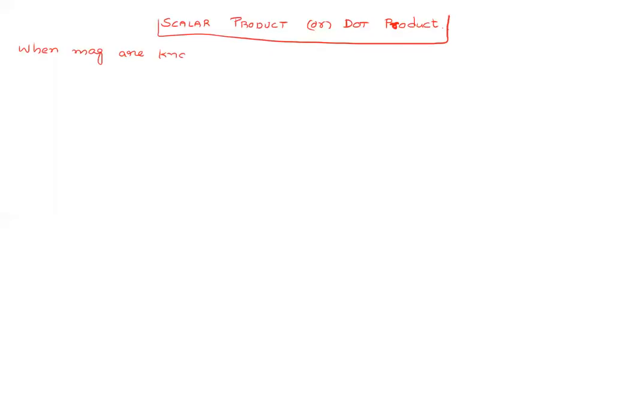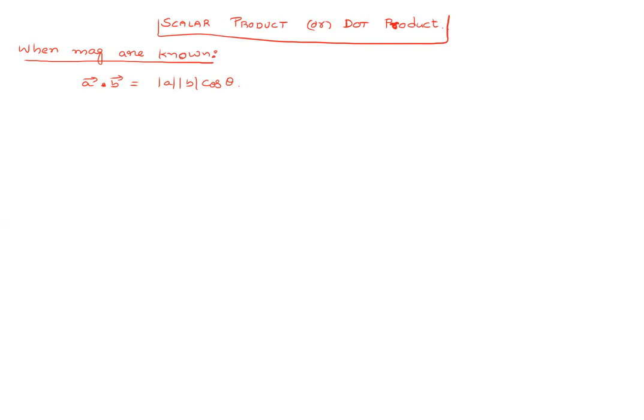All right, so when magnitudes are known, your a bar dot product with b bar is mod a into mod b into cos theta.